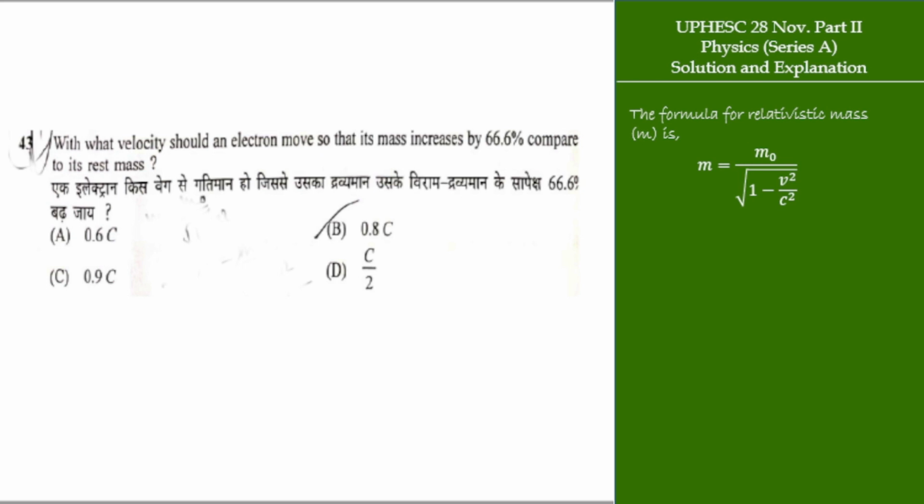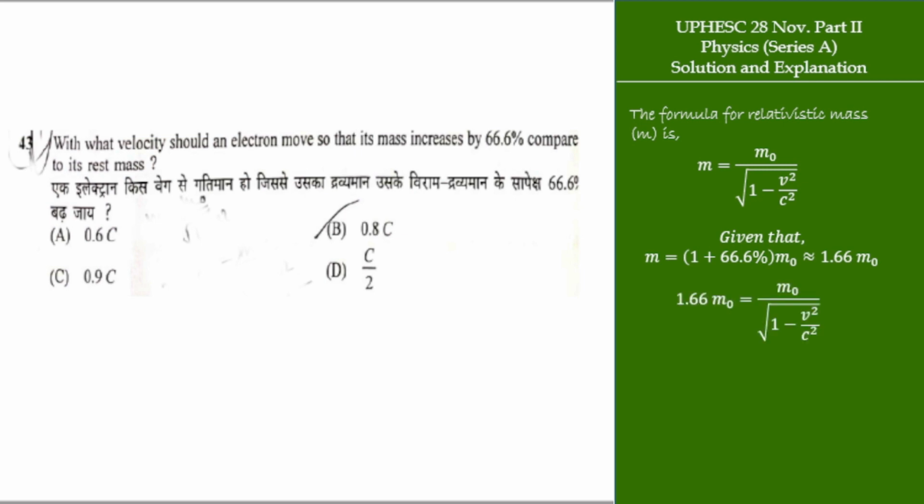So the relativistic mass m is expressed as the rest mass m naught divided by the square root of 1 minus v square by c square. Okay, so you can put the value of m in terms of the 66.6% increase to the rest mass. So the total relativistic mass will be 1.66 m naught.